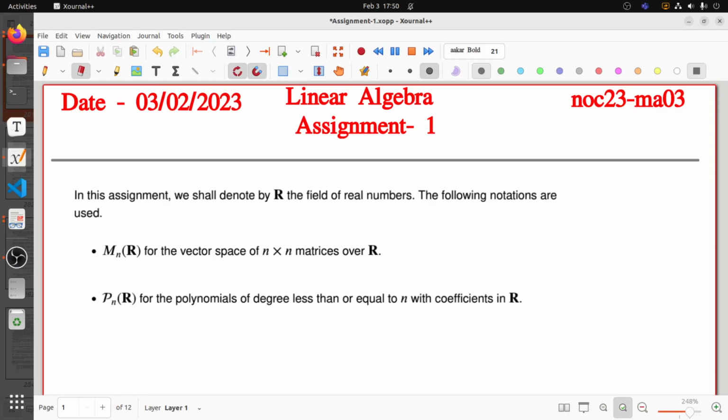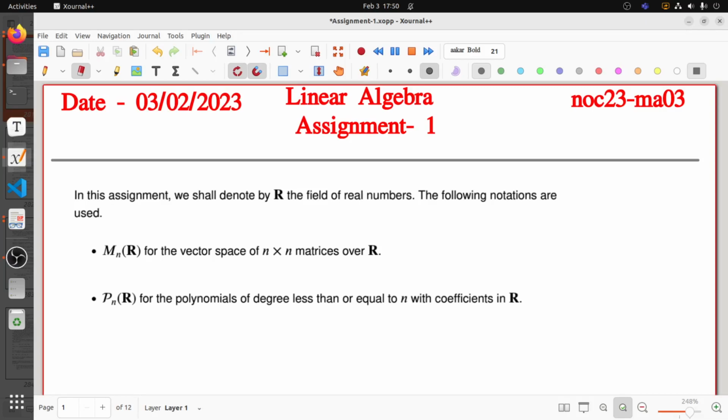SP is a0 plus a1 plus a2 plus a3. And det P is a0. And P star of x is P of minus x. Now we have to check whether these 5 are subspaces of P3 or not.